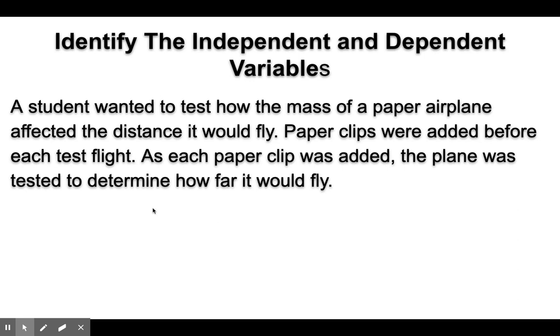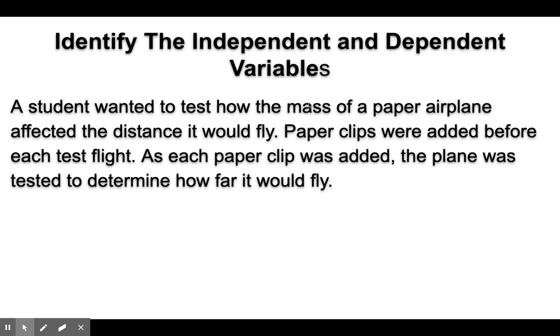So the student wanted to test how the mass of a paper airplane affected the distance it would fly. Paper clips were added before each test flight. As each paper clip was added, the plane was tested to determine how it would fly. So, what is the independent variable? What are we changing in this experiment? Okay, we're changing the mass by adding paper clips to the airplane.